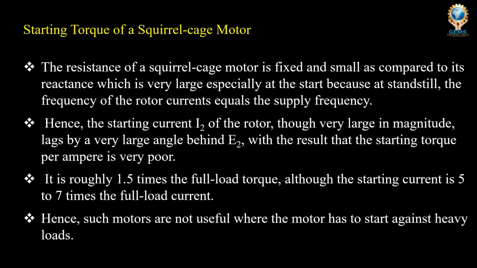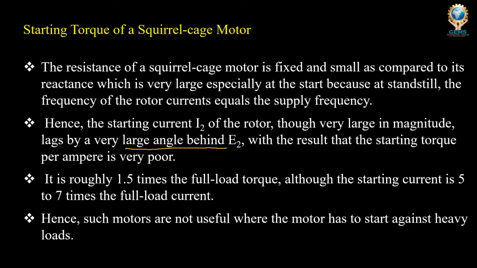But because of the reactance, the lagging will be there, the lagging of the current with respect to E2. So what will happen? The power factor will be poor. So starting torque will be poor.